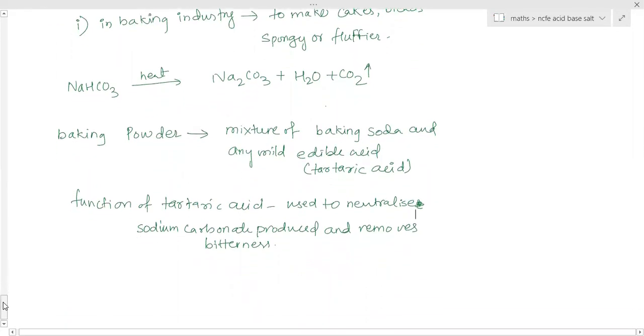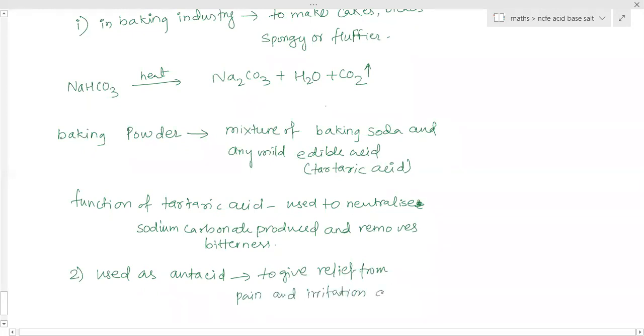Then the next use, which you have learned earlier, of baking soda is as an antacid, for relief of pain and irritation during acidity, to give relief from pain and irritation due to acidity.